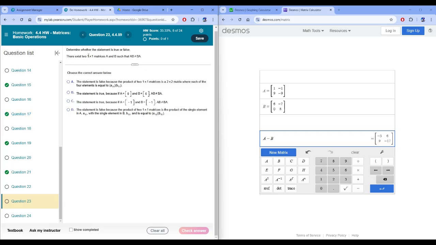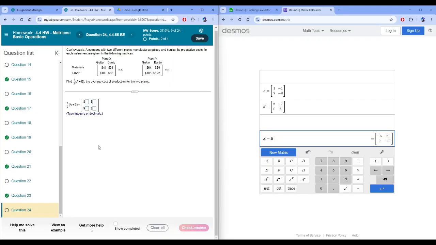There exist two 1 by 1 matrices, A and B, such that AB does not equal BA. I'm going to say the product of that is false because it's a 1 by 1.